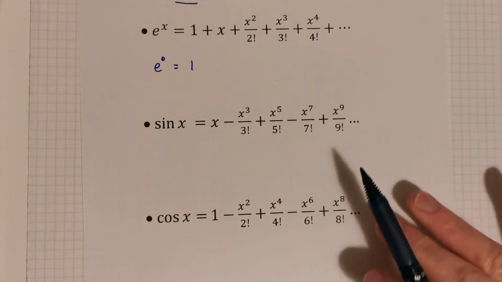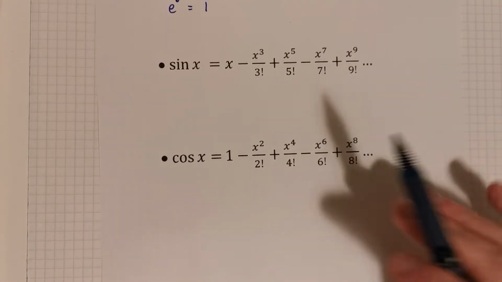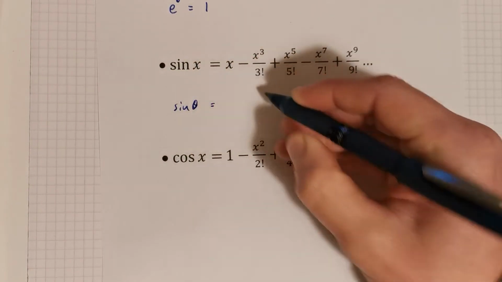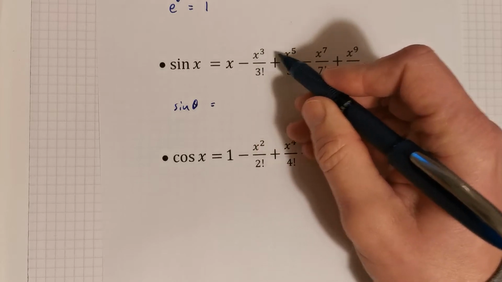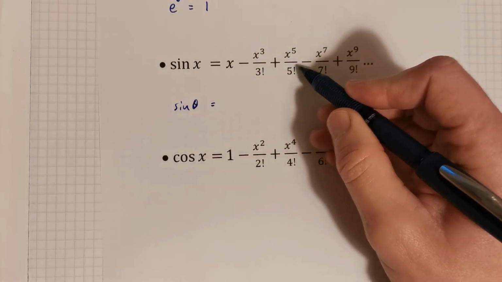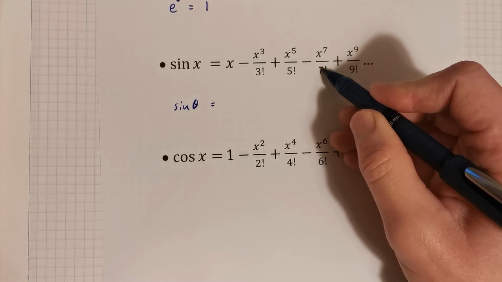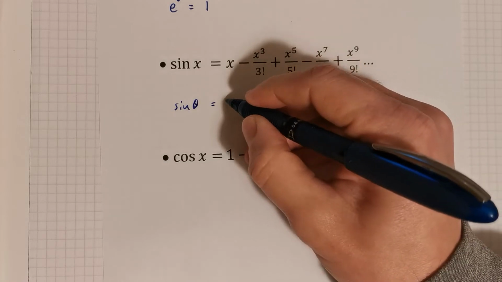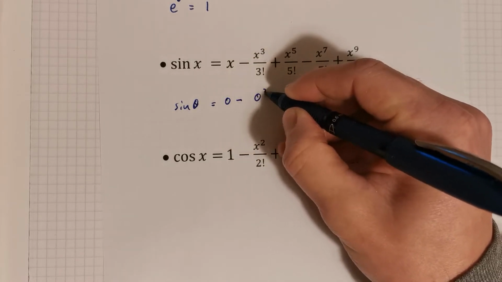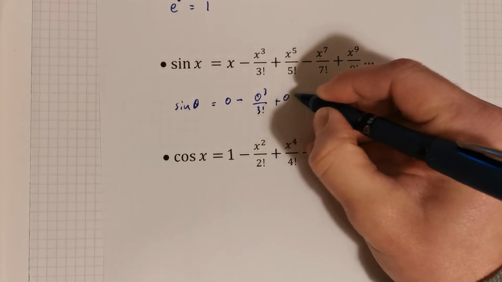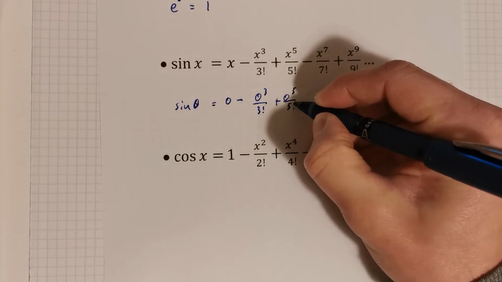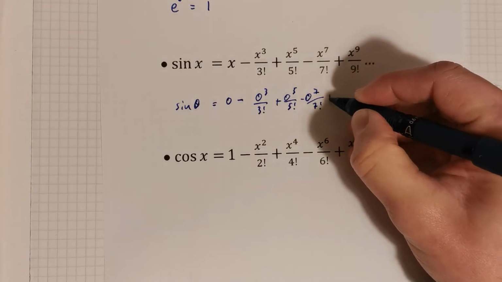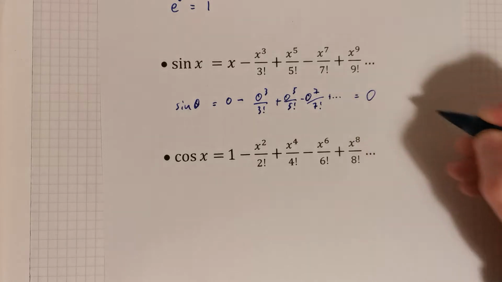Okay, let's look at sine of 0 using my series. Sine of 0 will be equal to 0 minus 0 cubed over 3 factorial plus 0 to the power of 5 over 5 factorial minus 0 to the power of 7 over 7 factorial, etc. I'm hoping you can see that that is 0.